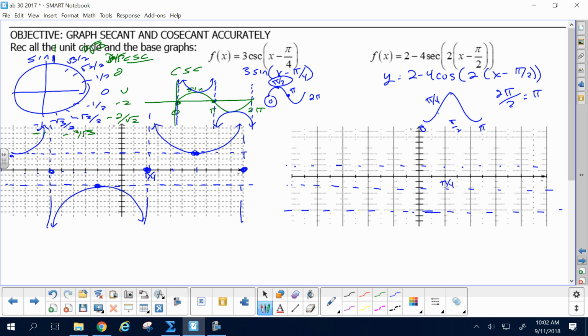Okay, so then right pi over 2 would be, and then every pi over 4.